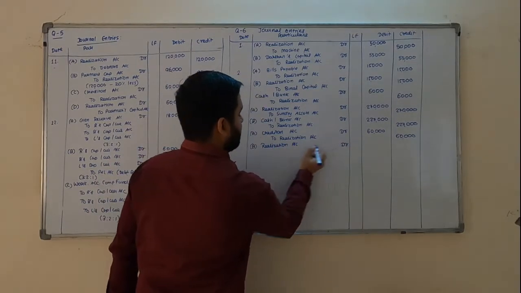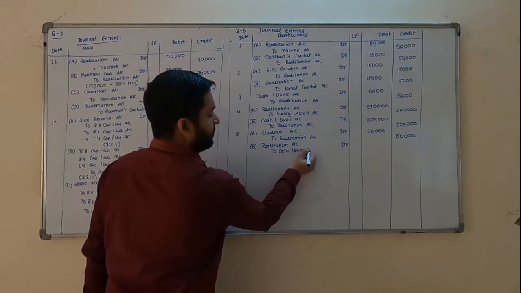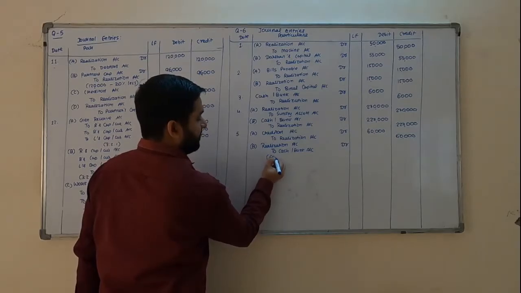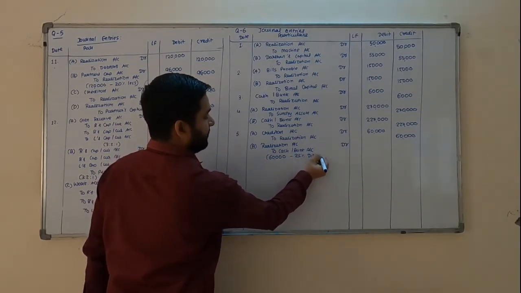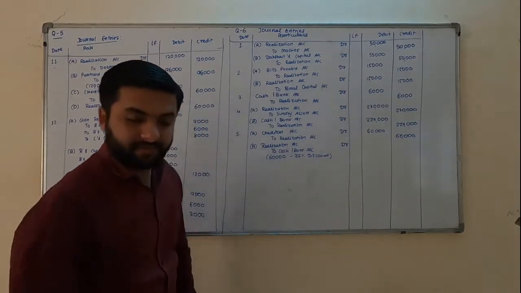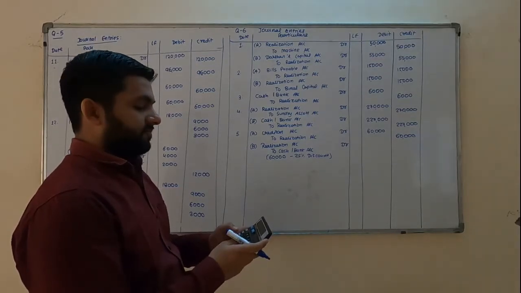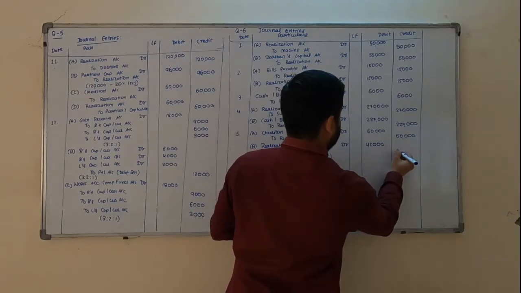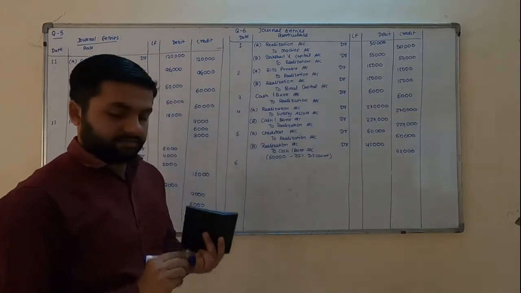Then entry B, we are paying them: realization account debit to cash or bank. We are paying them at 25% discount. So 60,000 minus 25% discount means we are paying them 45,000. Number 6.